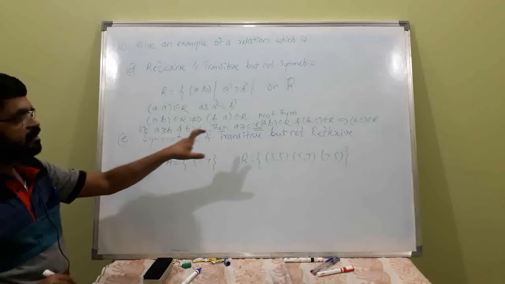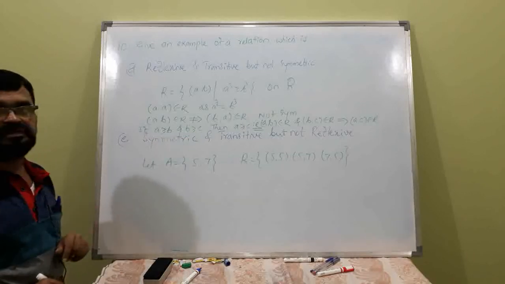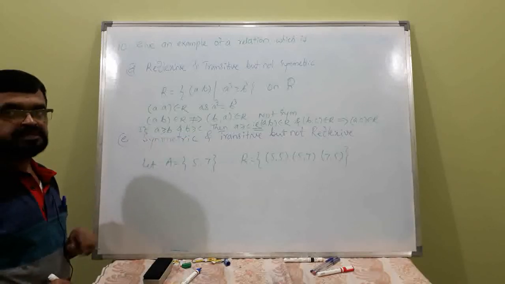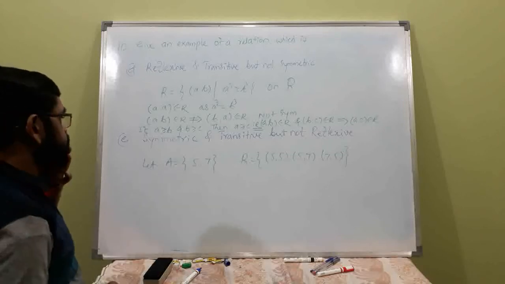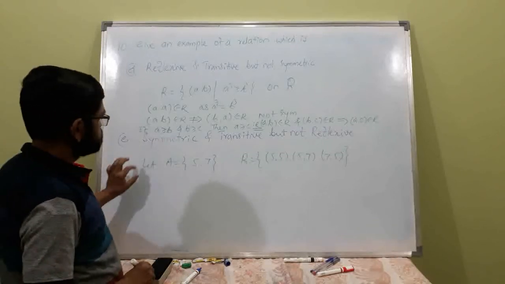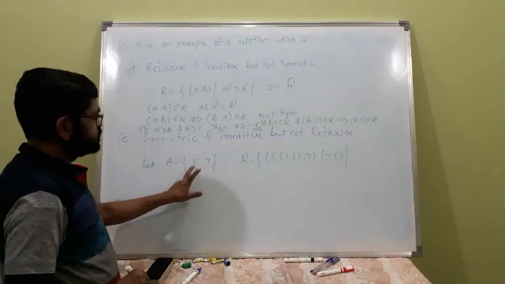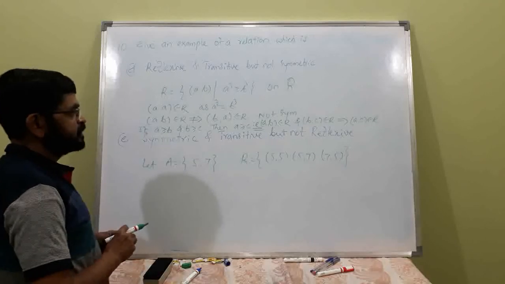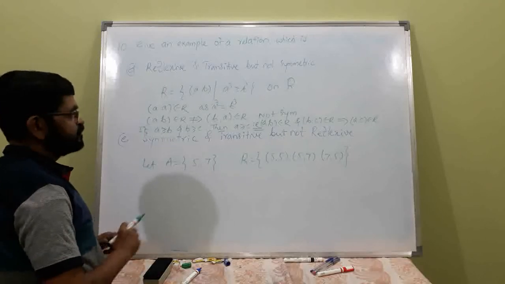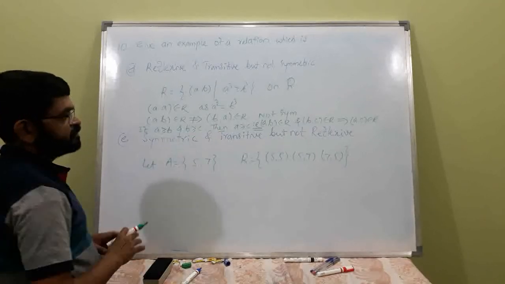Symmetric and transitive, but not reflexive. Okay, take one small example. Suppose A is {5, 7}. R is {(5, 5), (5, 7), (7, 5)}.